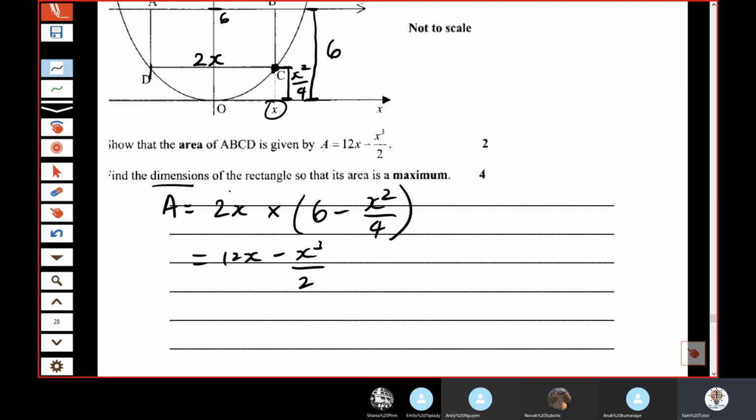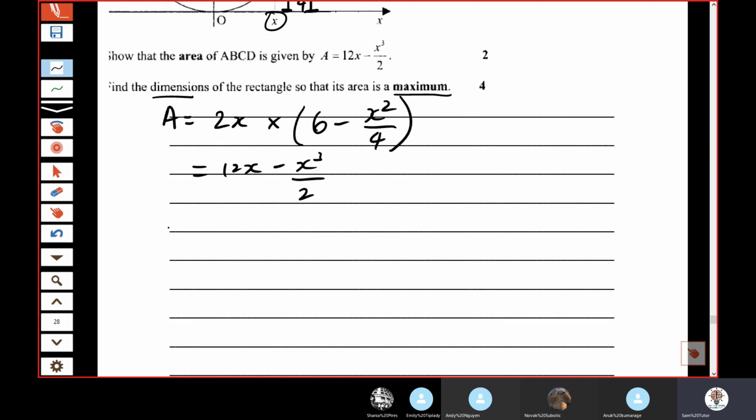Find the dimensions of the rectangle so the area is a max. All right, here we go. dA on dx equals 12 minus 3x squared on 2, equals 0. Times everything by 2, 24 equals 3x squared. Divide by 3 gives me 8.